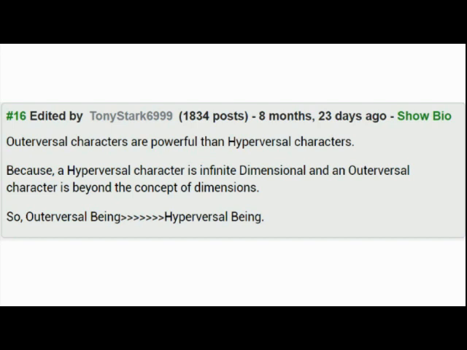Kind of like if you play chess, and your kings are trying to fight each other, usually it doesn't work. But that's something I guess to think about. If you're above outerversal, which would be infinite dimensional, you're omnipotent. Outerversal equals nigh omnipotent, basically.